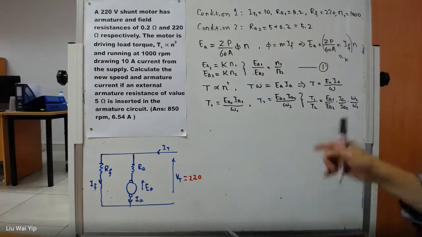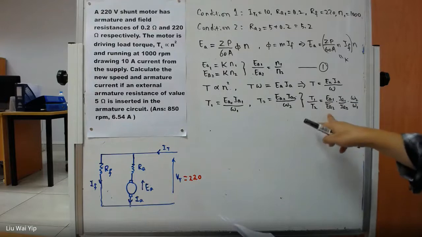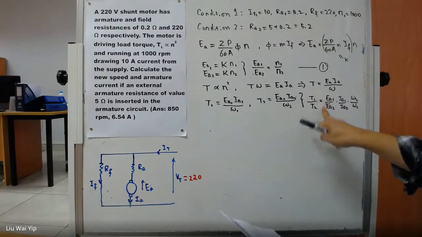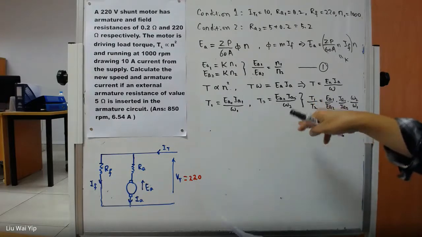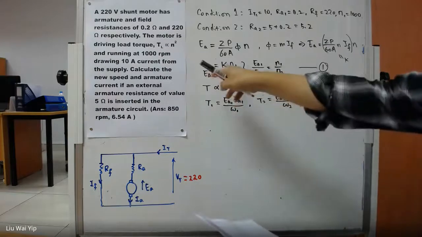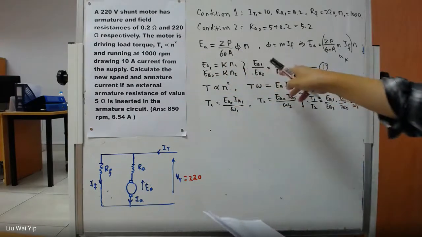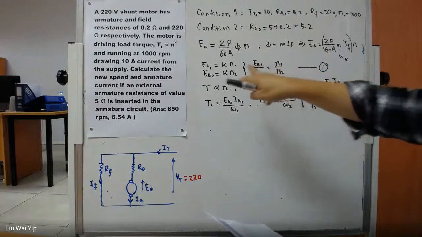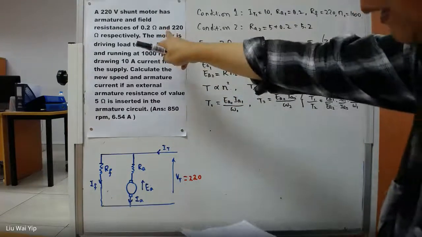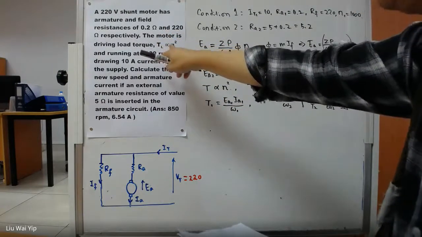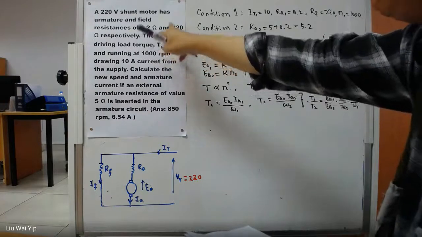But now, it's okay if we're going to do this formula. But now, we have to take advantage of what we have derived here. And we also need to make good use of the condition given by the question.